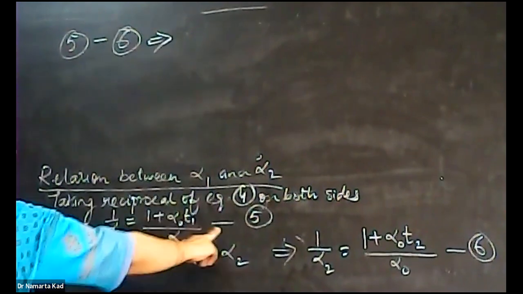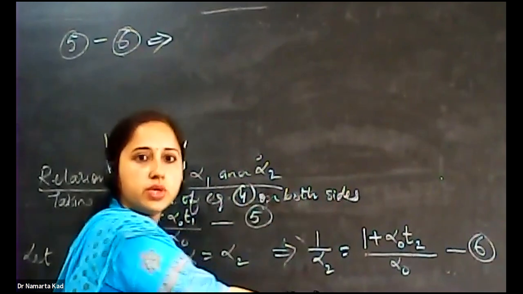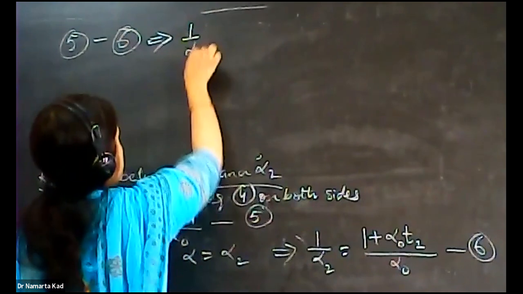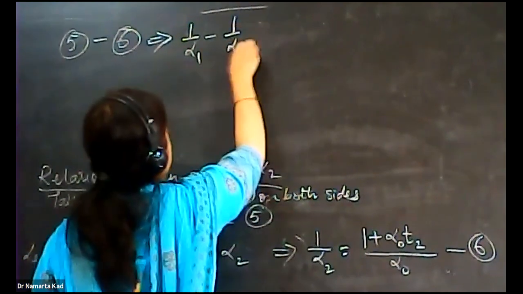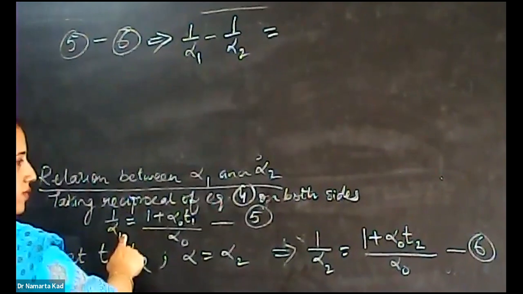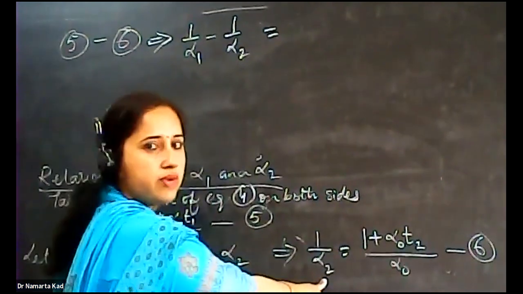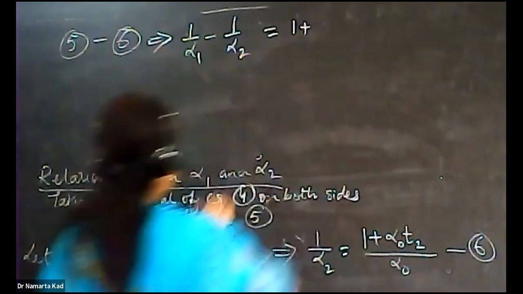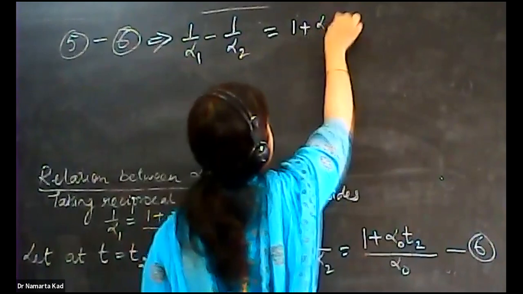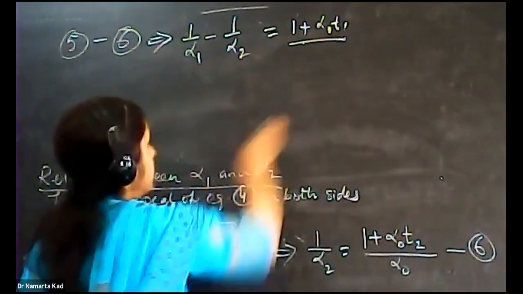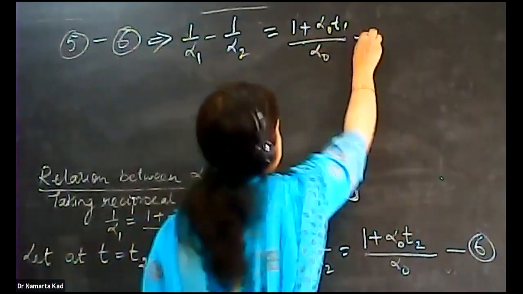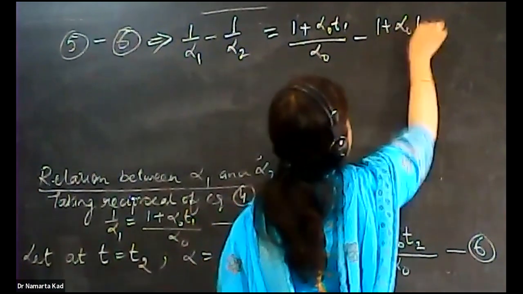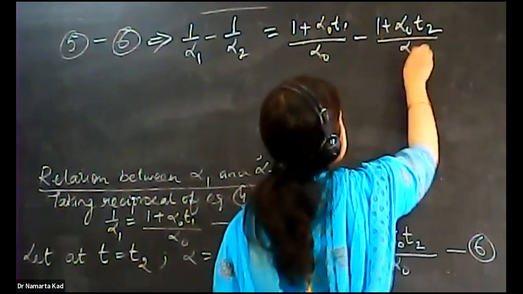So this one is our equation number 5, this one is our equation number 6. When we subtract, it comes out to be 1 upon alpha 1 minus 1 upon alpha 2 equal to, on these sides, 1 plus alpha naught T1 divided by alpha naught minus 1 plus alpha naught T2 divided by alpha naught.